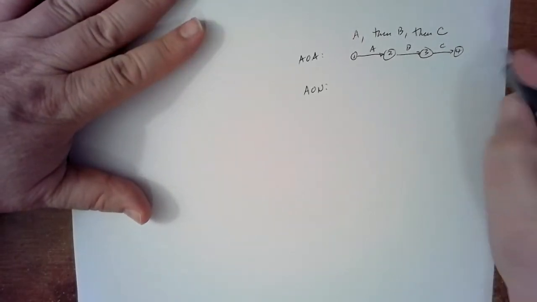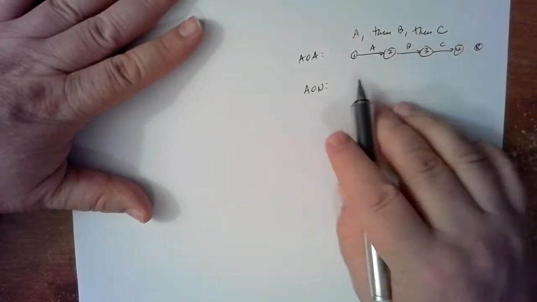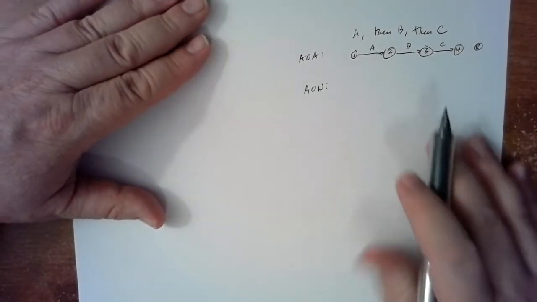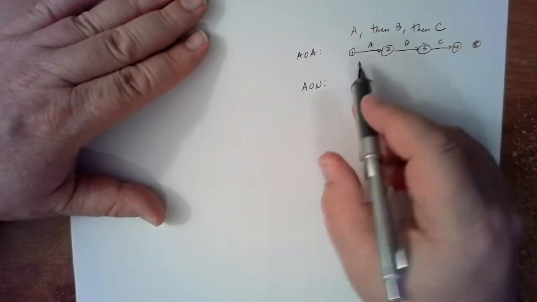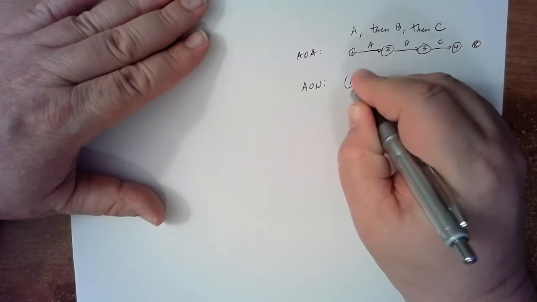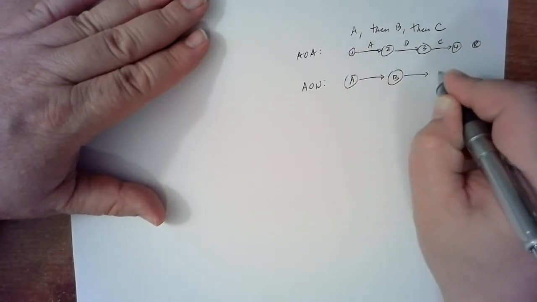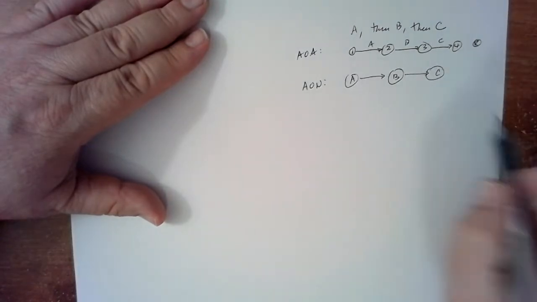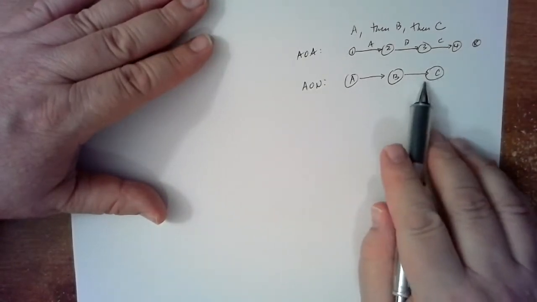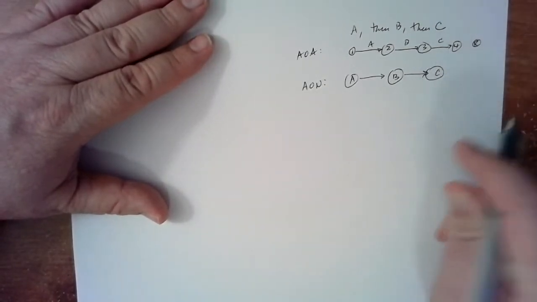We're not going to do that. I'm just doing this as a point of comparison, because we're going to do something that's not in the book. We're going to take activity A, follow that by activity B, and then follow that by activity C. I think you'll agree that this is the more natural way to do this.